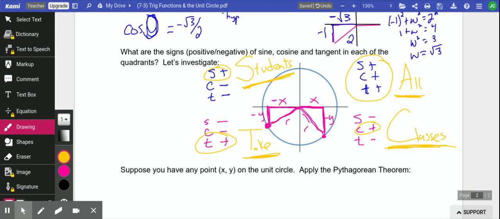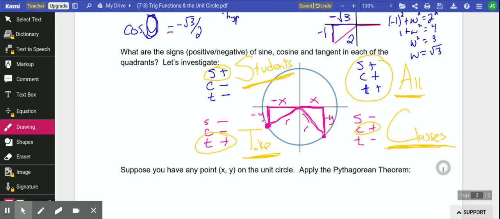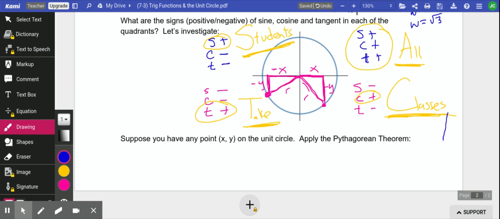Now, one other thing I want to show you before we end this video, and this is something we're going to talk about next week a little bit more in depth, is if we have a point x, y on the unit circle, we can do Pythagorean theorem with it. Here we go. Okay, so here's that unit circle, not super well. Doesn't matter where we put the point x, y.